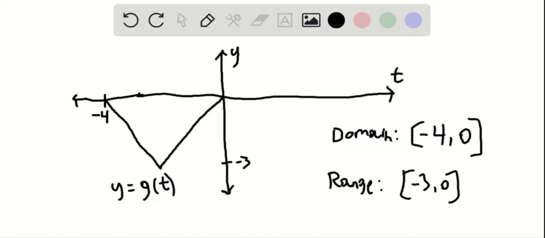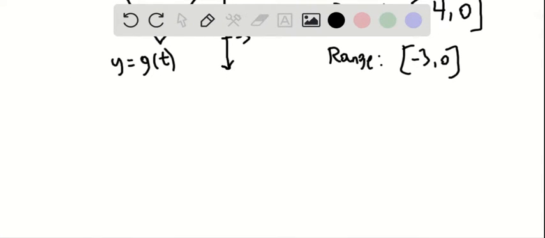Now, for part A, we are looking at the graph of g of -t. The domain here is then going to be 0 to 4.